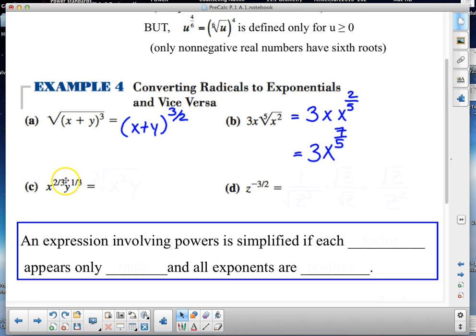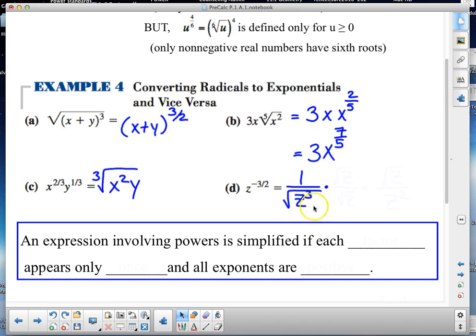x raised to the 2/3 power, y to the 1/3 power. Because they both have indices of 3, this is a cubic root, so it's the cubic root of x squared times y. This means that this is in the denominator. This is a reciprocal, so the first thing I'm going to do is take the reciprocal, but z raised to the 3rd is the square root, and that's all in the denominator.